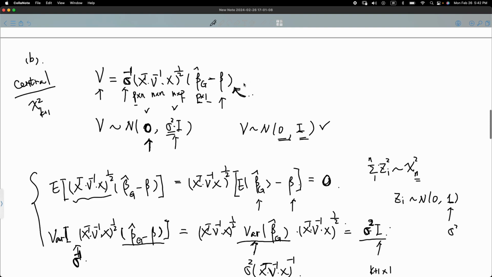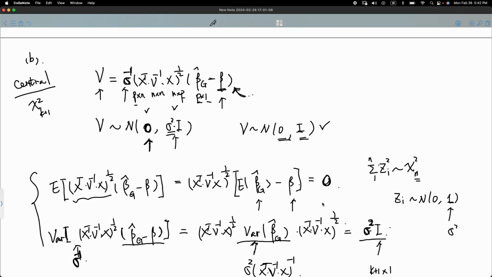The high-level reason why the V should be written this way is that, first of all, we need to center beta hat by subtracting beta from it, so that we move the center mass towards 0.